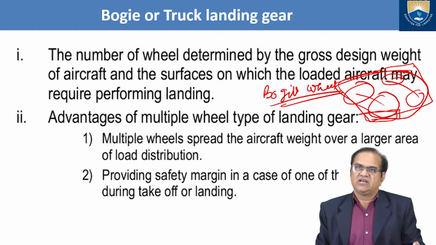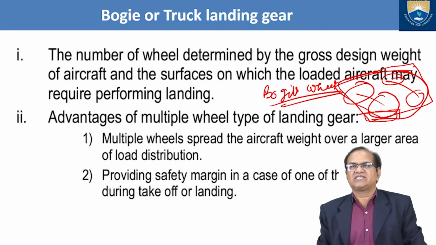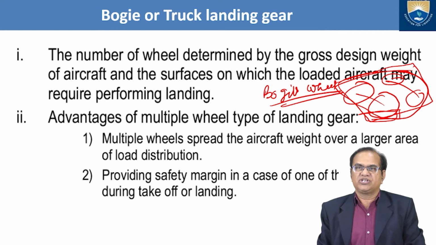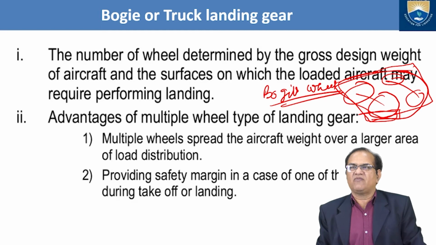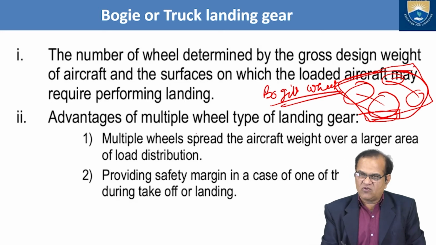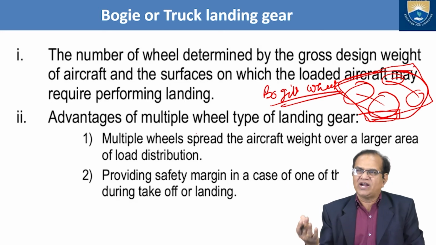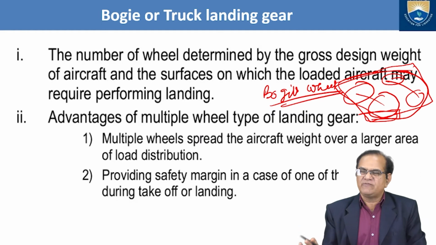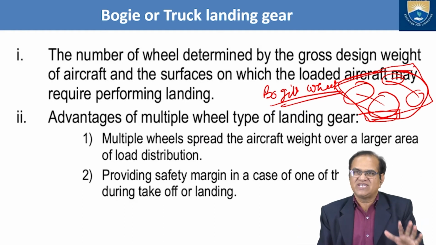So that is the first purpose, that multiple wheels spread the aircraft weight over a larger area of load distribution, providing a safety margin in case one tire bursts during takeoff or landing. So suppose here 4, here 4, here 4, here 4, like this. If one or two tires burst also, aircraft safety is not jeopardized.